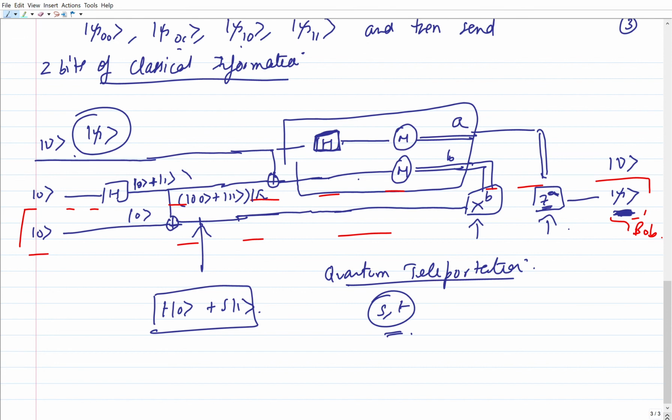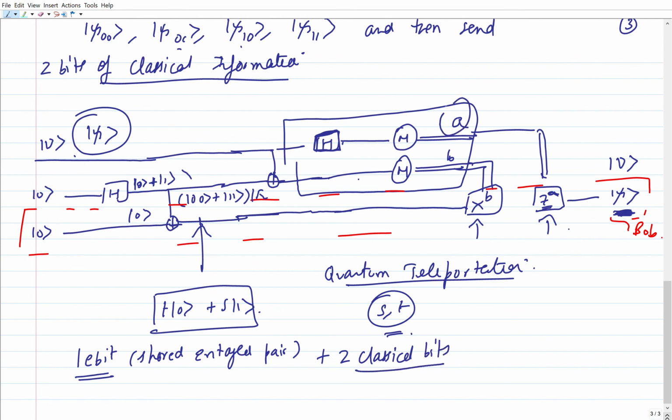And again, as far as the resource inequality is concerned, it is exactly the reverse of superdense coding. Alice and Bob had one shared entangled pair, plus two classical bits of information communicated, A and B, and this was able to accomplish 1 qubit of quantum communication.